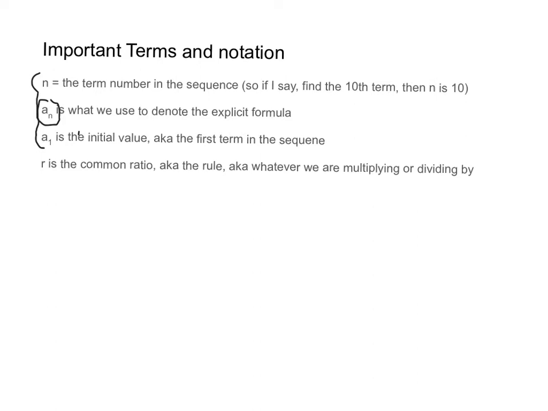Or a sub 5 would be the 5th term. So the nth term, any term number, is a sub n. A sub 1, a subscript of 1, is a special one. It's our first term, known as the initial value, same as before with arithmetic sequences.